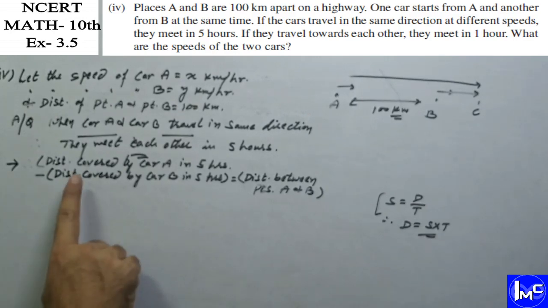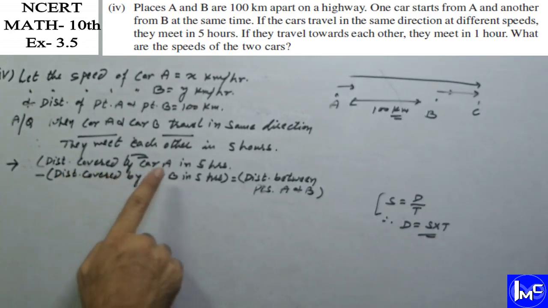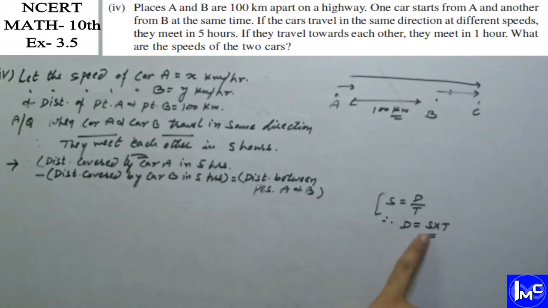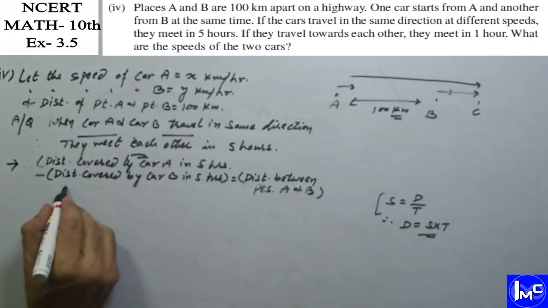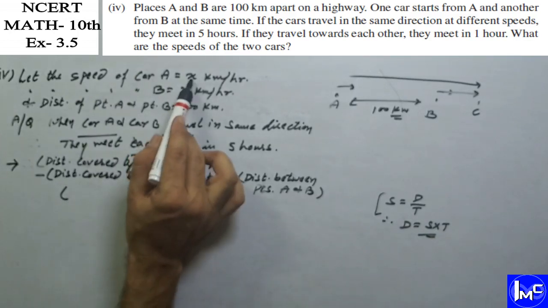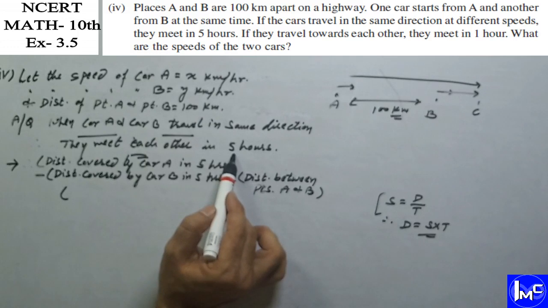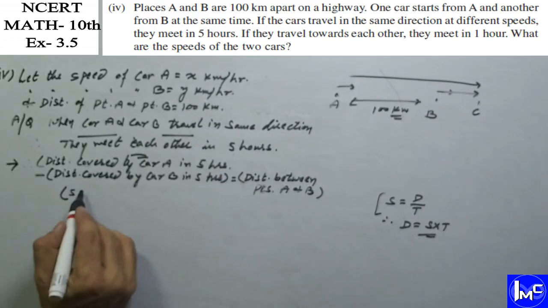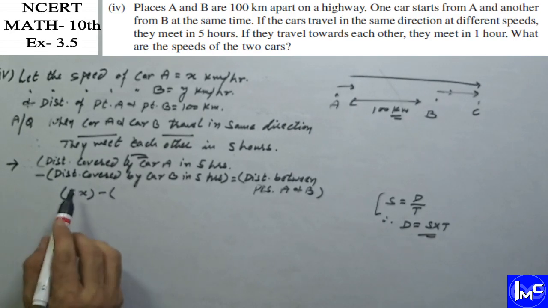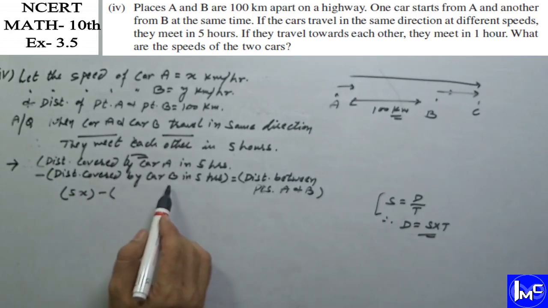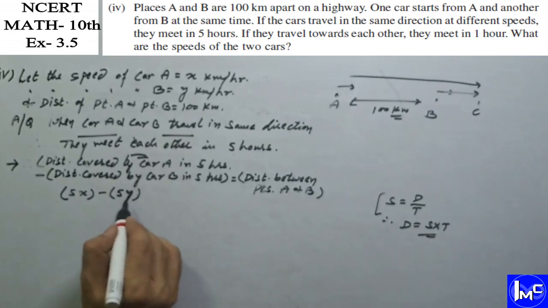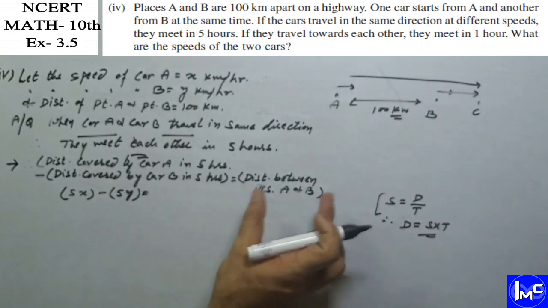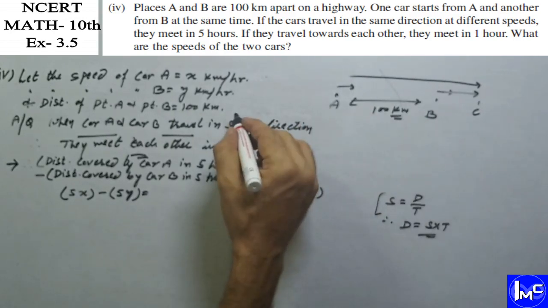To find the distance covered by car A in 5 hours, I will multiply the speed of car A and the time taken by car A. Speed is x and time is 5, so it will be 5x. Similarly, the distance covered by car B in 5 hours will be 5y, and the distance between A and B is 100 kilometers, that is given.